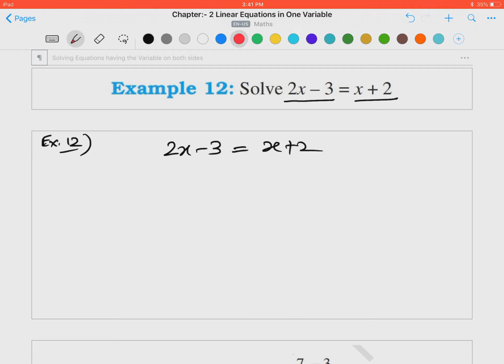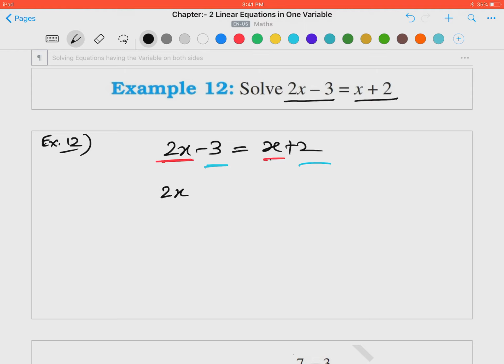So in order to solve this, we'll shift all the variable terms to one side of the equality sign and the non-variable terms onto the other side. This 2x is already here, keeping it here.